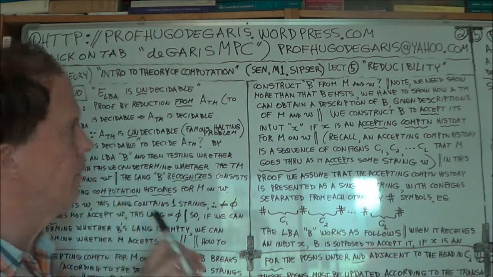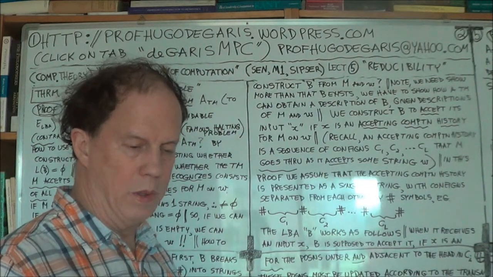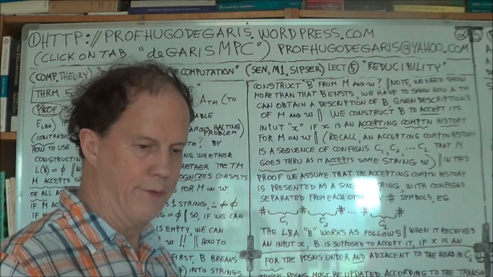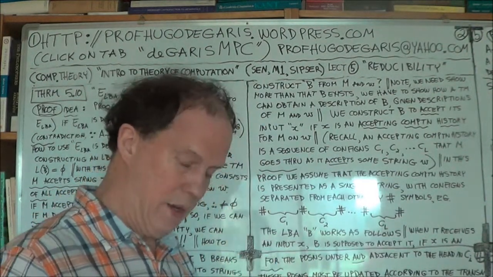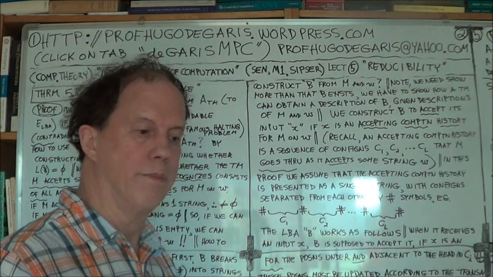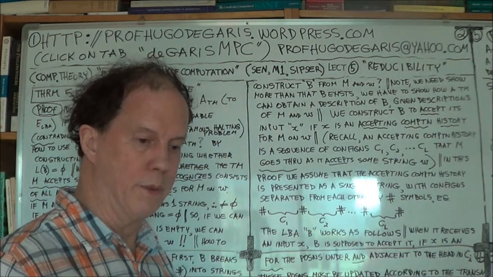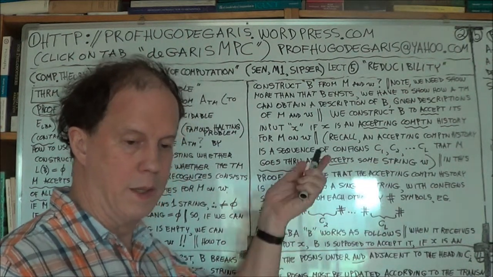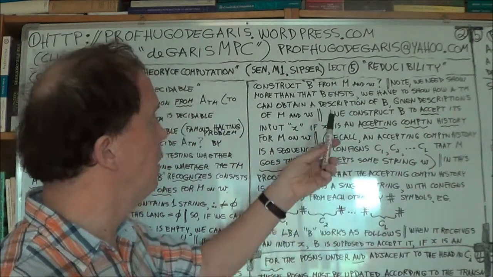Okay? Now, what's the language of ATM? Well, the strings in that language are of the form ordered pair M, W. And in this case, the M is an LBA, comma W. Right?